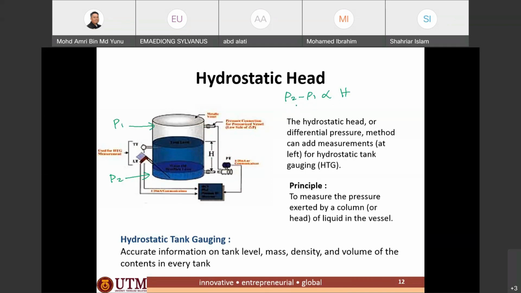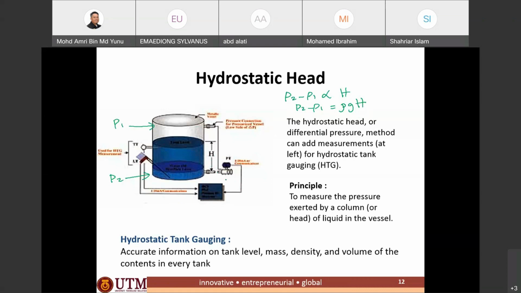where we can complete the equation P2 minus P1 equals rho g h. Rho is the density of the liquid, g is the gravity acceleration, and h is the level or height.